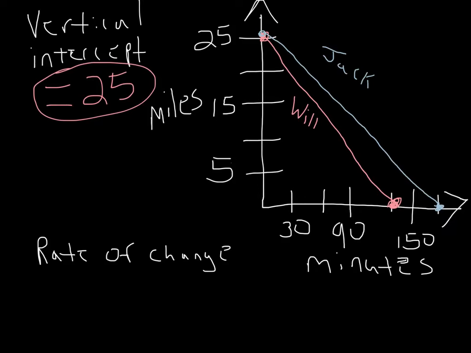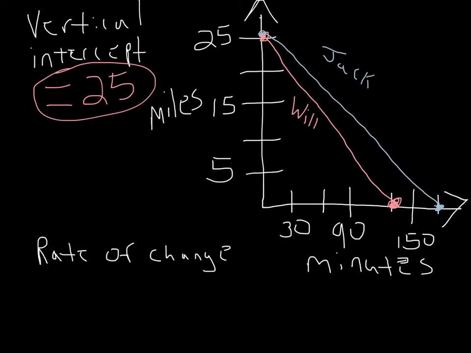If you're looking at the graph, because it goes up in increments of 30, it goes from 30 to 60, even though 60 is not written, and from 90 to 120, and from 120 to 150, from 150 all the way to 180. So it took him 180 minutes to finish the 25 miles. However, Will, on the other hand, it only took him 120 minutes to finish the 25 miles.